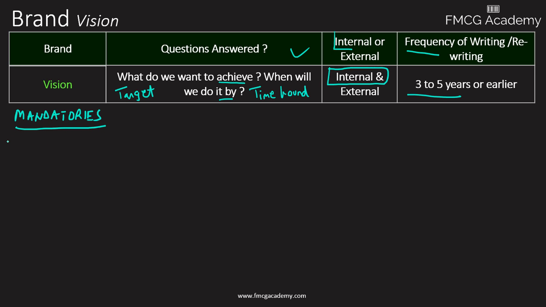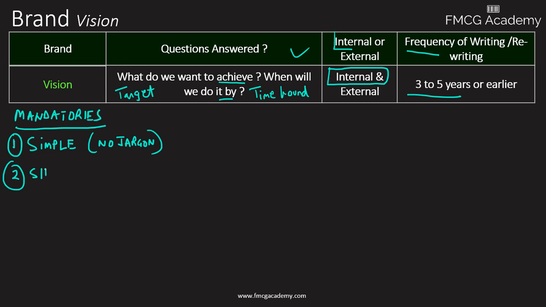So the first two actually are quite similar to mission, and I believe in this very strongly. It's got to be simple, which means essentially no jargon. So if it's got to be simple, everyone should be able to understand it across the organization.